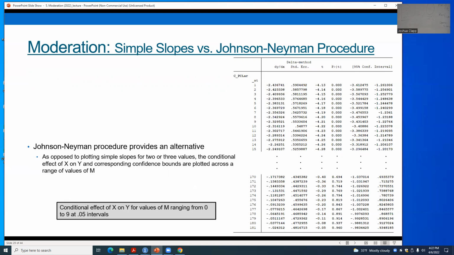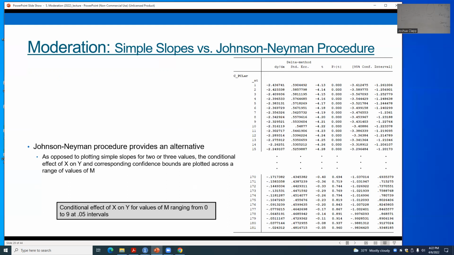So what this output is giving me is the simple slope of X on Y at a value of 0 for my moderator, 0.05, 0.1, 0.15, 0.2, 0.25, 0.3, all the way until we get to the max value of 9.